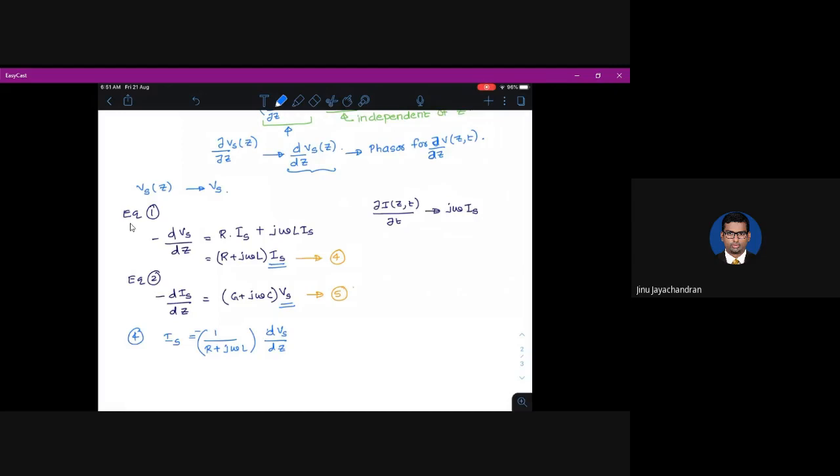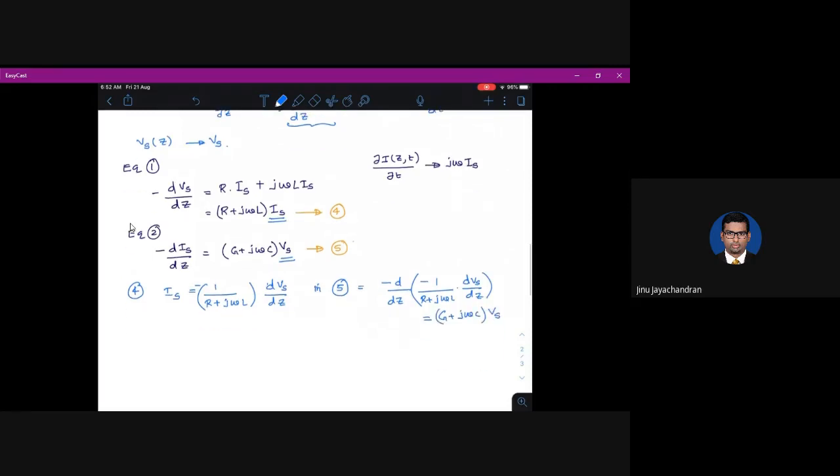So if I substitute this in 5, you will get minus d by dz of minus 1 by R plus jωL into dVs by dz is equal to G plus jωC into Vs. Now 1 by R plus jωL is a constant because it doesn't vary with z.